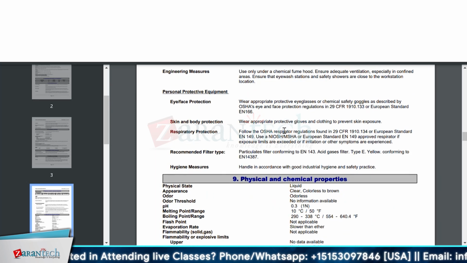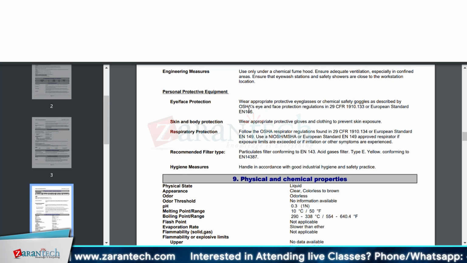Then you can talk about personal protective equipment. Kshitij, you talked about that, right? See: eye and face protection, skin and body protection, respiratory protection, recommended filter type, or hygienic measures. Be careful, guys. In SAP, whatever you are seeing now, like eye and face protection, this heading we call a characteristic.